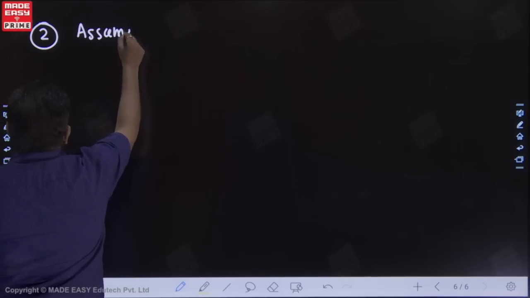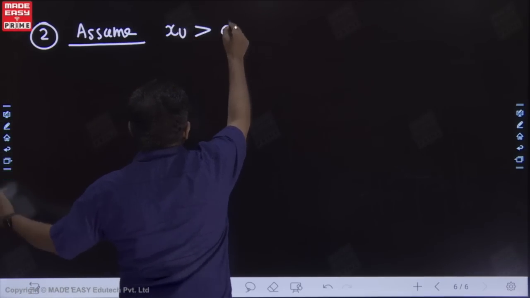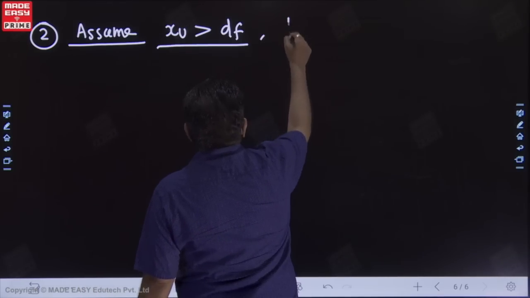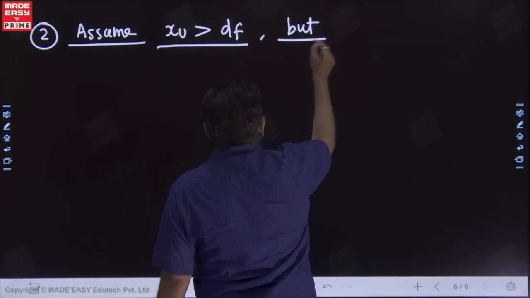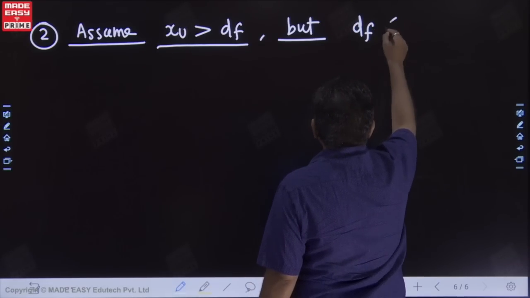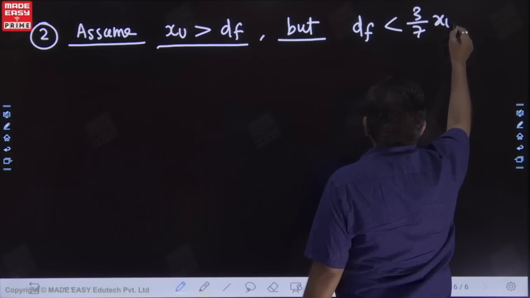Now this is your second assumption. Now let's assume that Xu is greater than Df, because Xu we are getting more than Df. But here again two cases develop. But Df, depth of flange, is suppose less than 3 by 7 Xu.